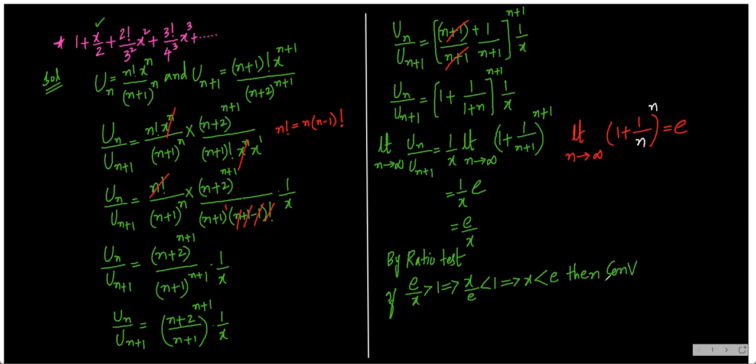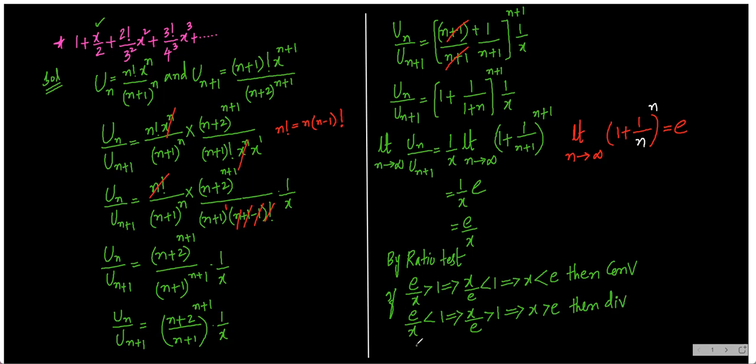Second line of this statement: if e by x is less than 1, which implies that x by e is greater than 1, which implies that x is greater than e, then we can say that it is divergent.